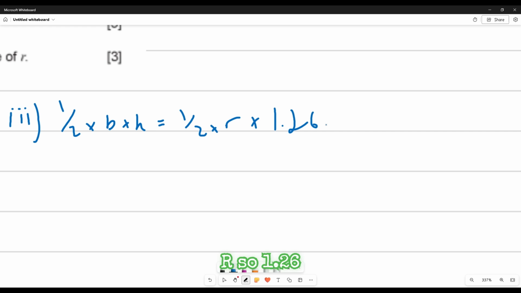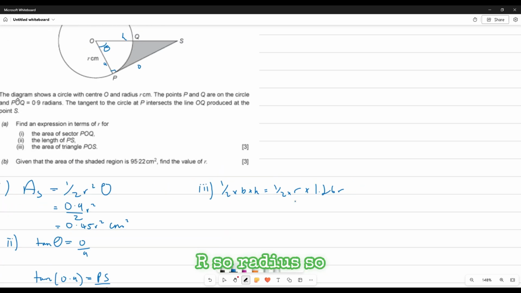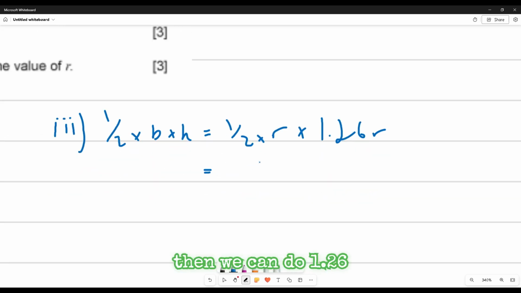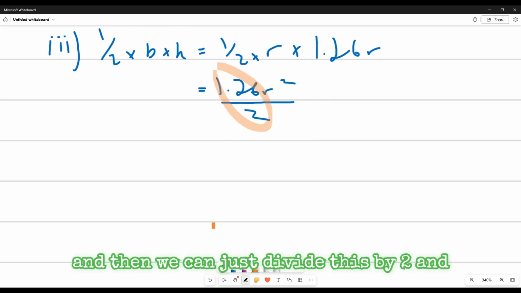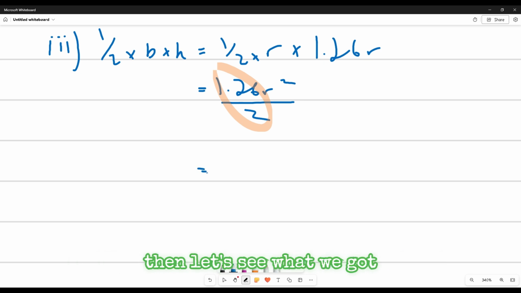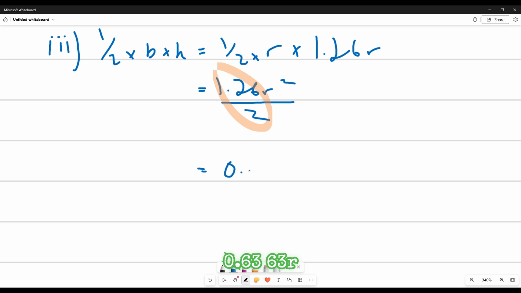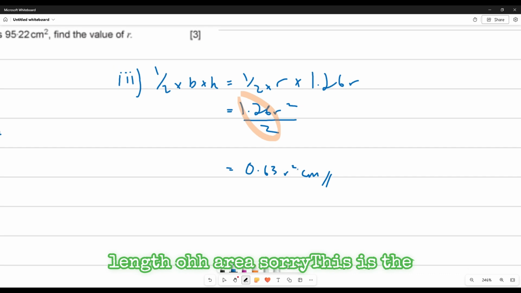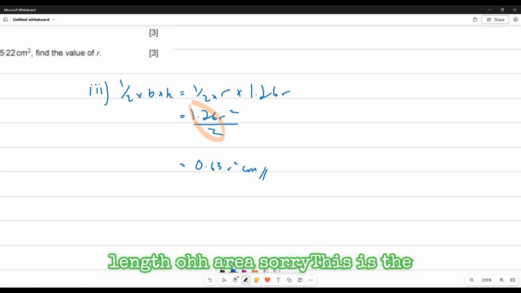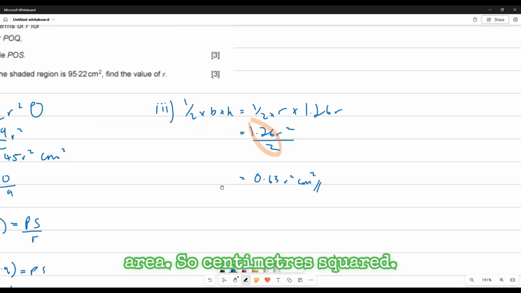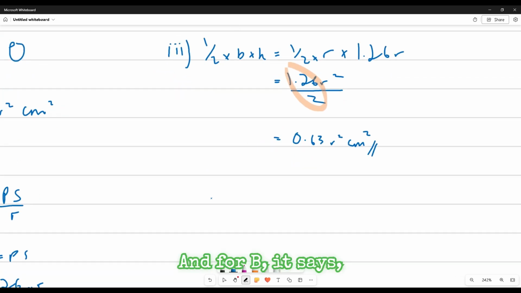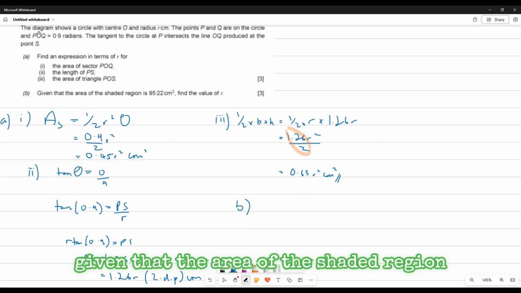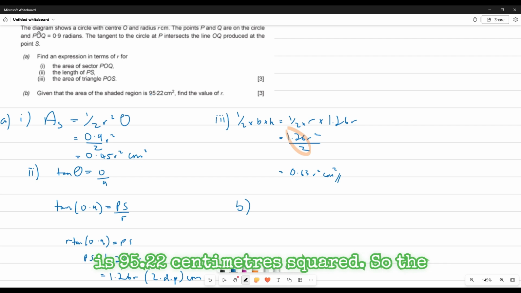So we can do 1.26 radius squared over 2, and then we can just divide this by 2, and we get 0.63 r squared. Centimeters, because this is length. Oh, area, sorry, this is the area, so centimeters squared.